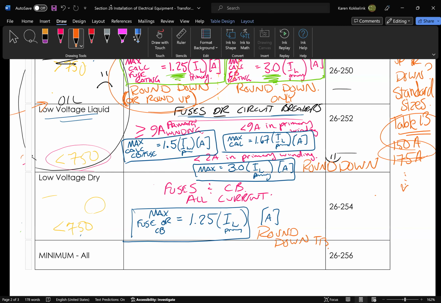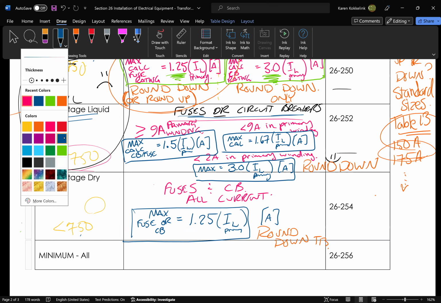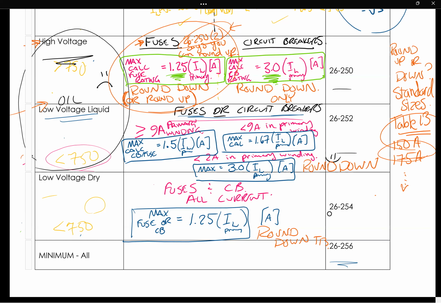Now, the minimum for everything is also mentioned in the Canadian Electrical Code. That's what 26.256 says, is that max protection must be at a minimum 1.25 or 125% of the primary current that you've calculated in amps.